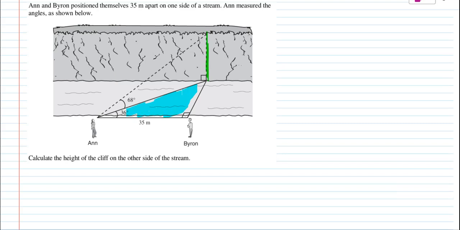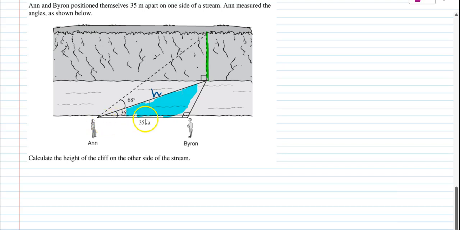We are going to use this hypotenuse, this value, let's call it h. This is, first of all, a right angle triangle. It has this angle right here, which is the angle of elevation.